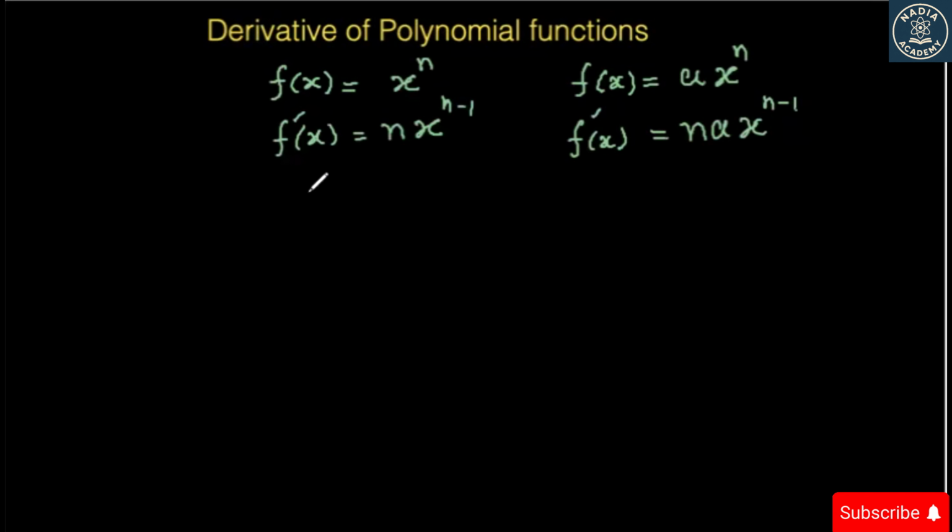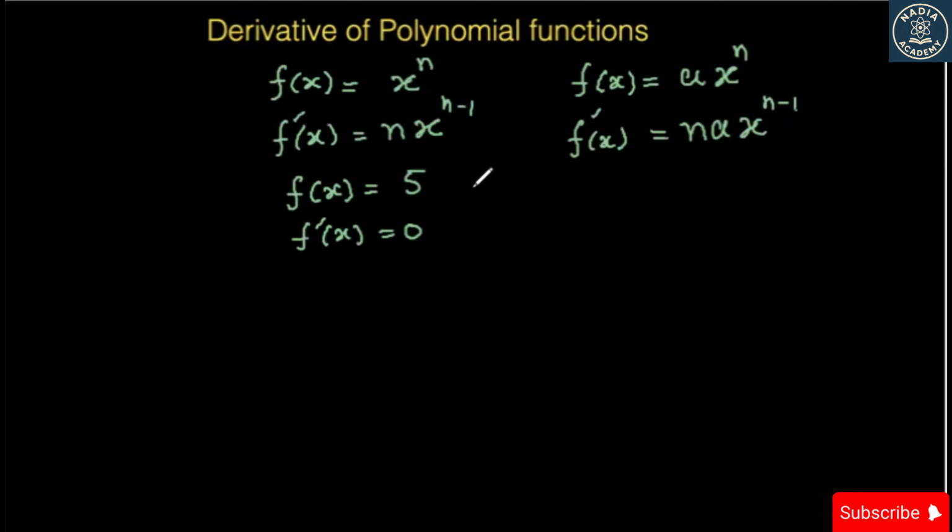If we have a constant term, for example f of x is 5, you can see that it is independent of x, so its derivative will be 0 because there is no change with respect to x.